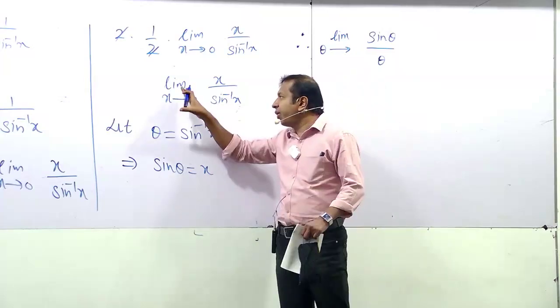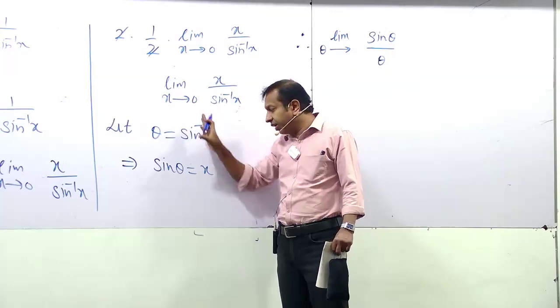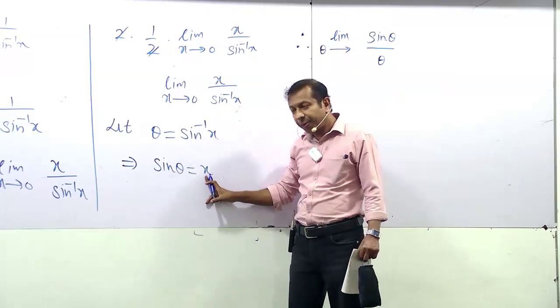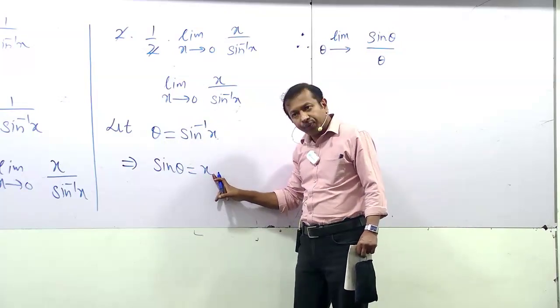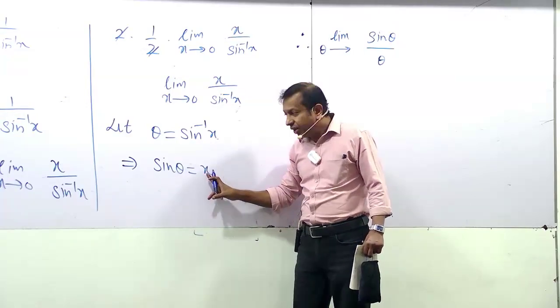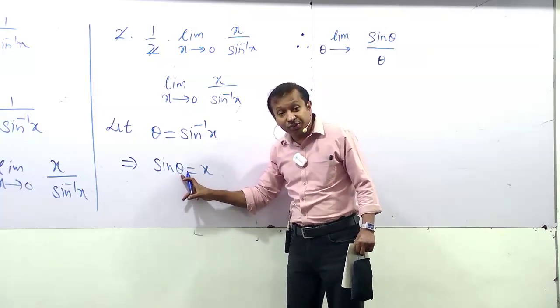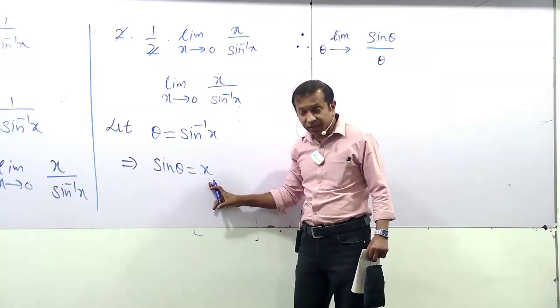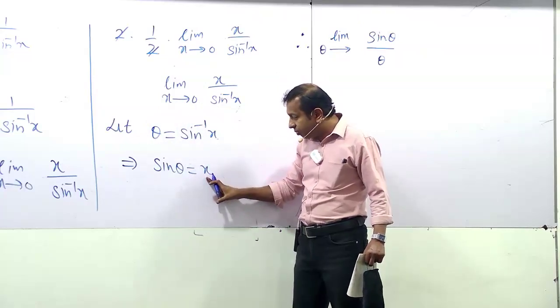See here, we have x going to 0, no? Where is x? Here we have x. x going to 0 means this will be coming to 0. Sin theta is equal to 0, we get, no? Sin theta equals 0 means theta equals 0, no? I repeat that again. x going 0, here we have x, this place will be finally 0.